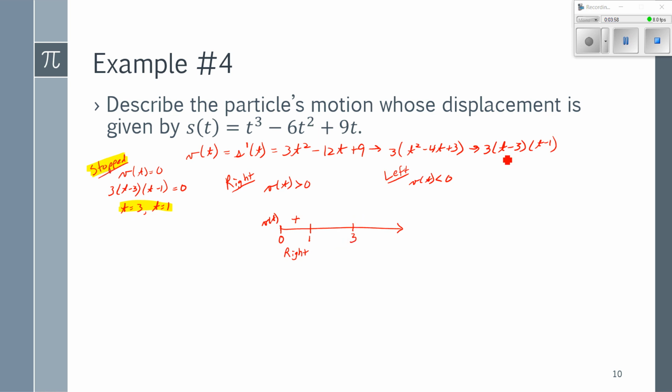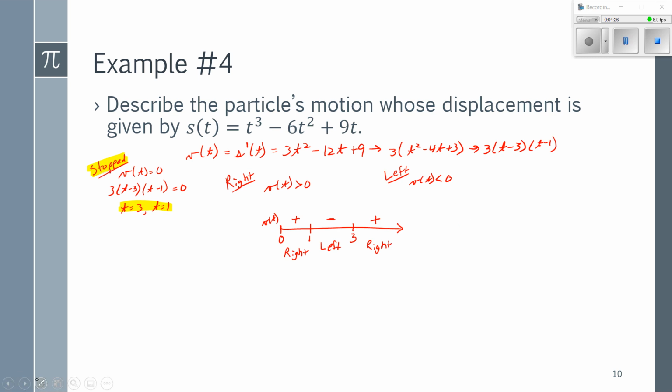Plug that in for t in the velocity equation. Well, I get 3 times negative 1 times positive 1, but what I care about is that's a negative number. And so my particle is moving left there. And then if I pick something bigger than 3, like 5, well, I have 3 times positive 2 times positive 4. Well, what I care about is that's a positive number, and the particle is moving right at that time.